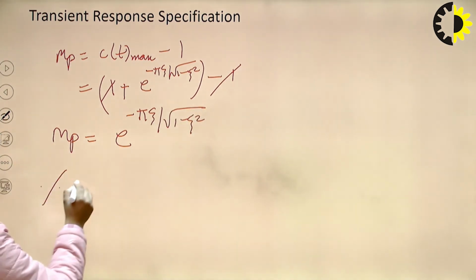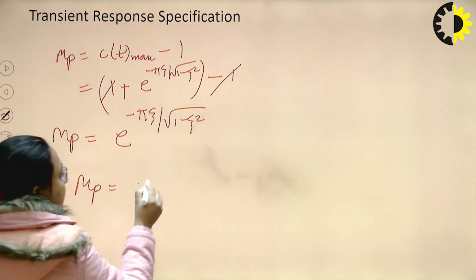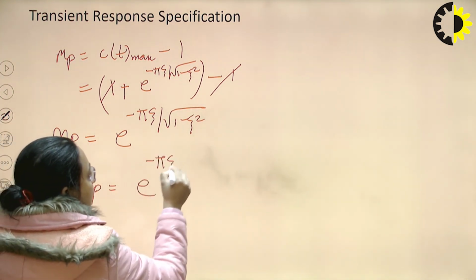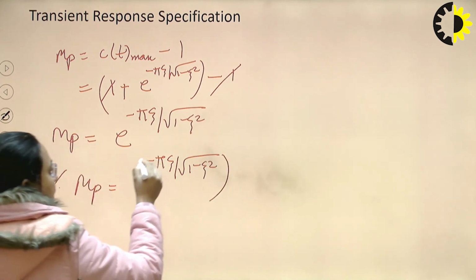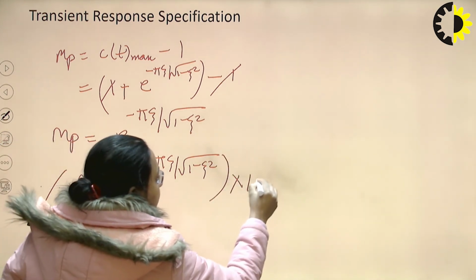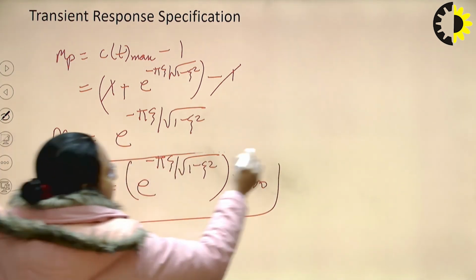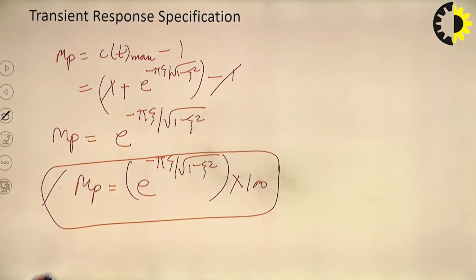And percentage MP can now be written as e raised to the power minus pi zeta upon under root 1 minus zeta square, into 100, which is the value for the percentage MP.